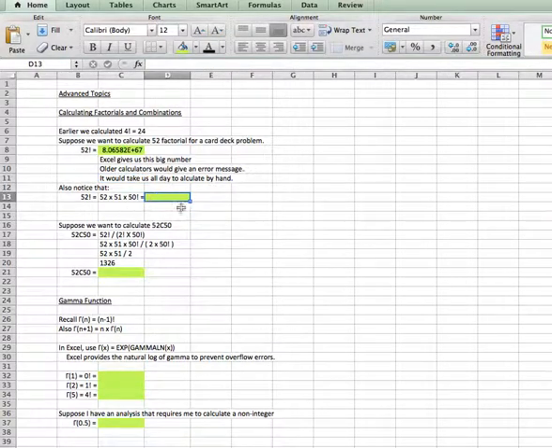Notice that we can pick this apart a little bit. And that is 52 factorial equals 52 times 51 times 50 factorial. So if, for example, we already know 50 factorial, then this would be a way to simplify our work. But let's see what Excel gives us for this.